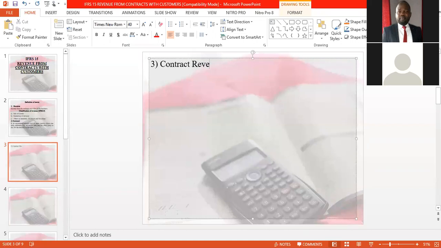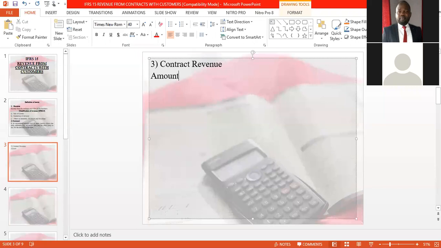You are seeing the flow. I started with defining what revenue is. Now I'm looking at what is a contract revenue. So when we talk about contract revenue, it's an amount specified in the contract subject to variation in contract work.